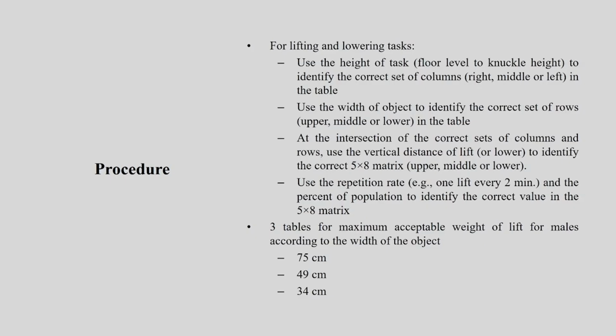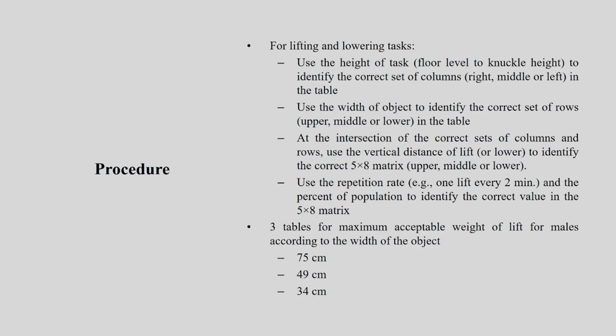For lifting and lowering tasks, use the height of the task, that is from the floor level to knuckle height, to identify the correct set of columns, right column, middle column or left column, in that particular table. Once we go to the table, we will understand this.